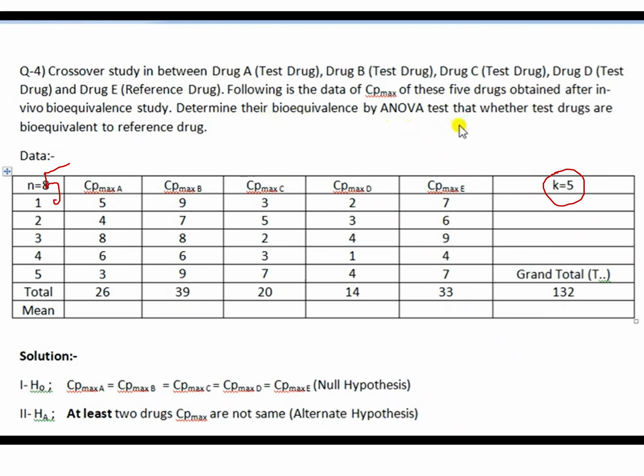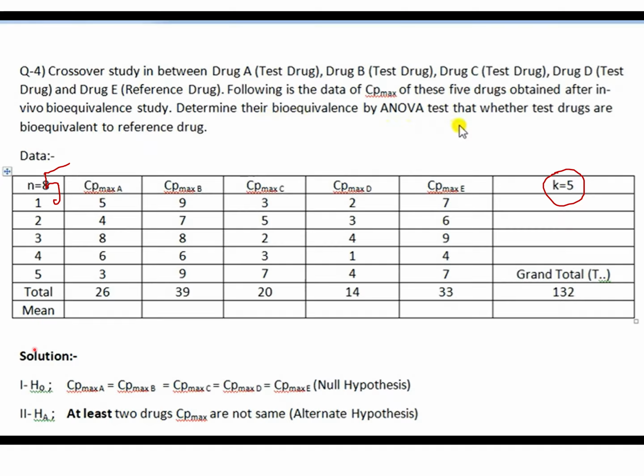Following is the data of Cpmax of these 5 drugs obtained after in vivo bioequivalence studies. Determine their bioequivalence by ANOVA test, that is, whether these drugs are bioequivalent to the reference drug.